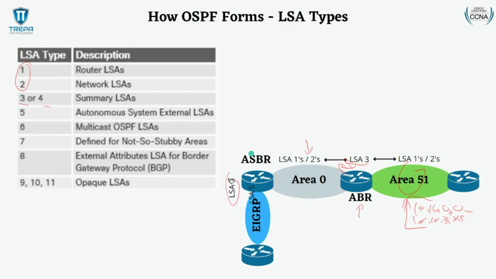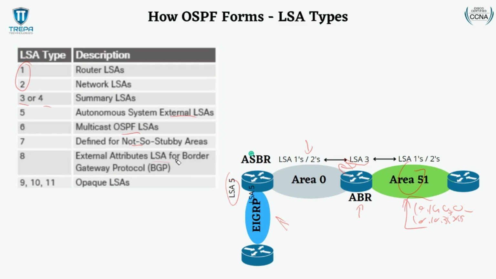And then we have type 5s here, and these are going to be external LSAs, meaning we're learning about this network, this LSA, from a non-OSPF routing protocol. And that's as far deep as I'm going to get into the LSA types. We can see here we have multicast OSPF LSAs, type 7s, which are not so stubby areas.